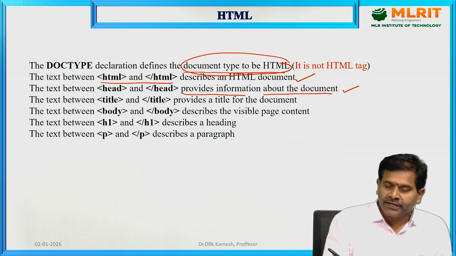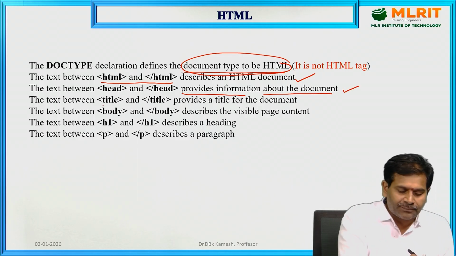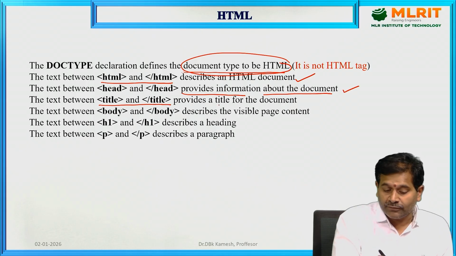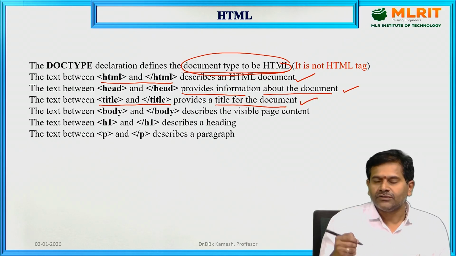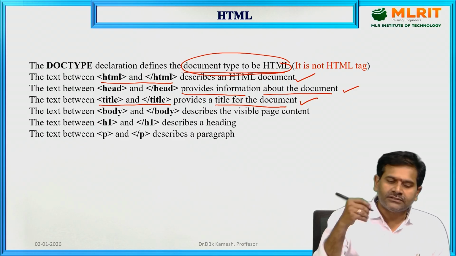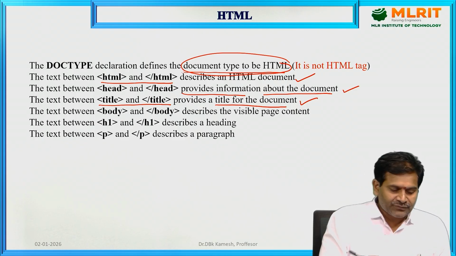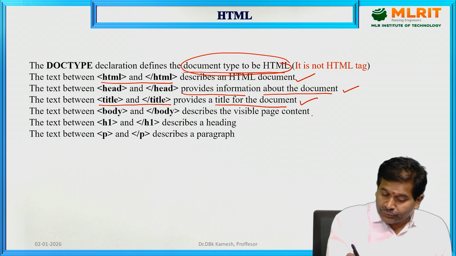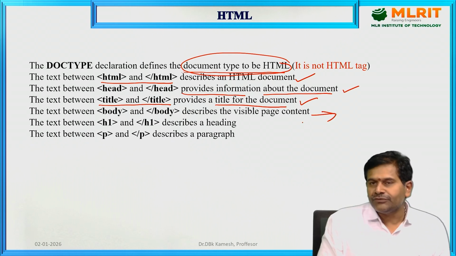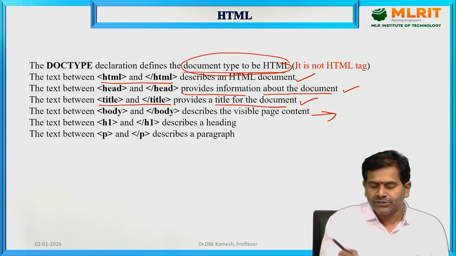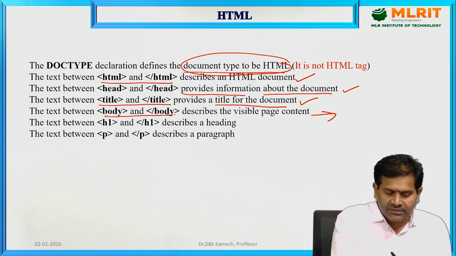In that header tag, we can give the title tag, which provides the title for the document. Whichever kind of document we are using, we give that in the title tag. In the body part, to describe whatever content is visible on the web page, we use the body tag.